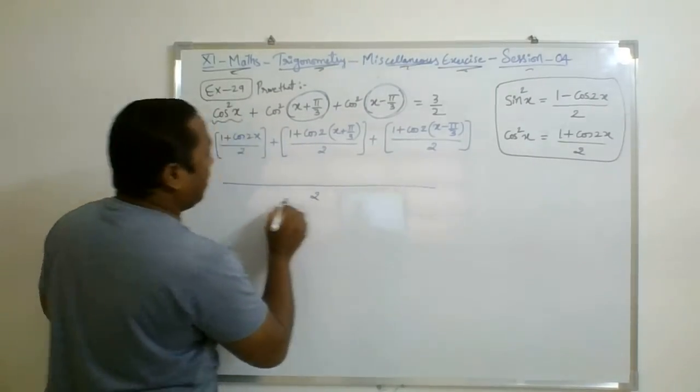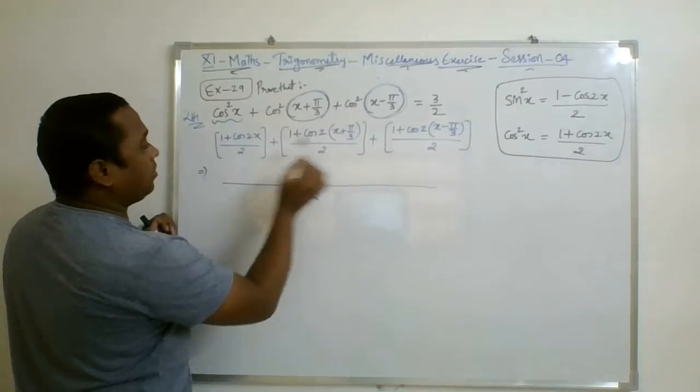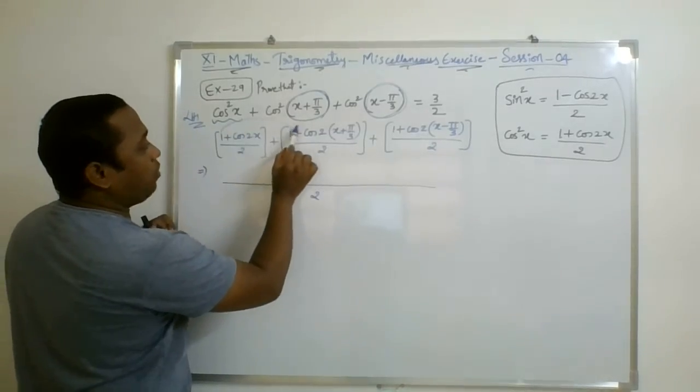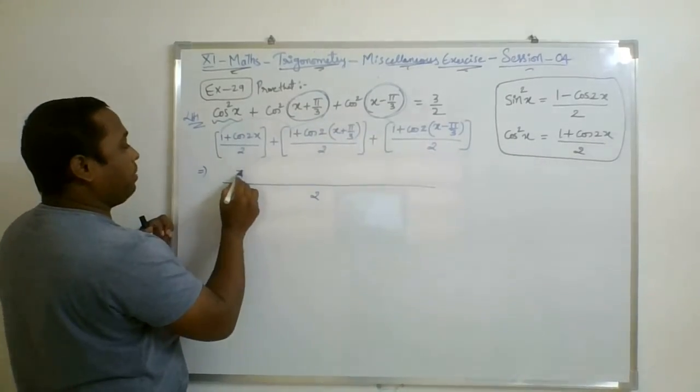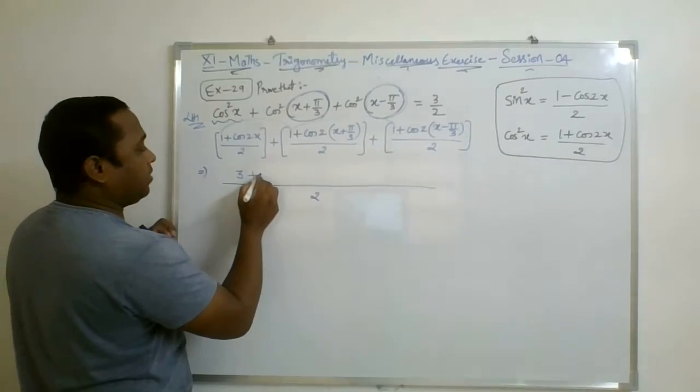Right? And when you observe the numerator, 1 plus 1 plus 1 will become 3 plus the rest of the part.